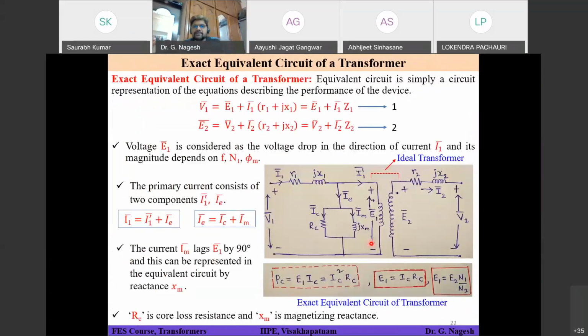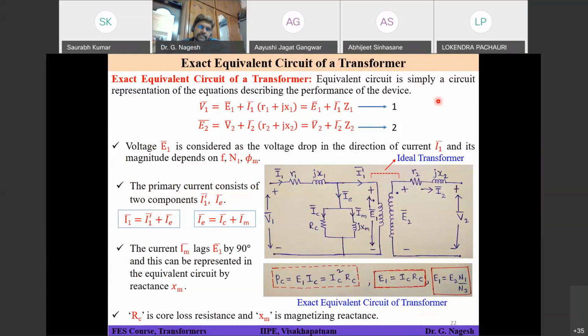Try to see the exact equivalent circuit that I am showing on the screen, and try to transfer all the primary elements onto the secondary side.